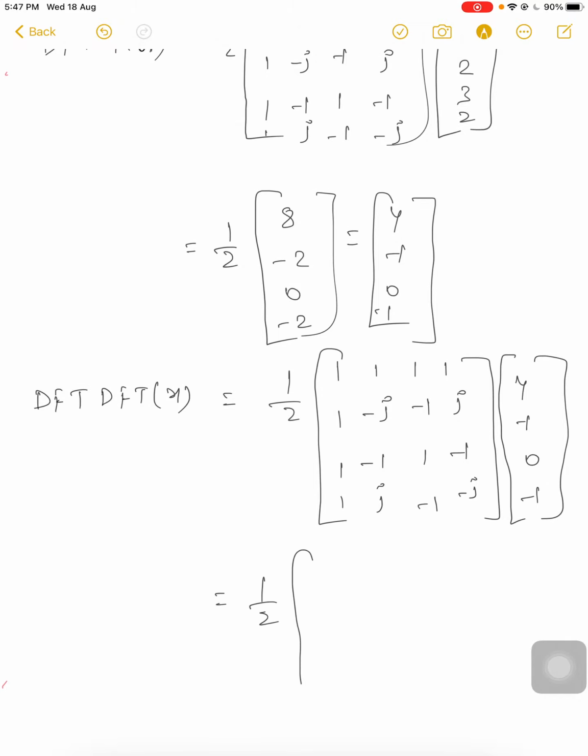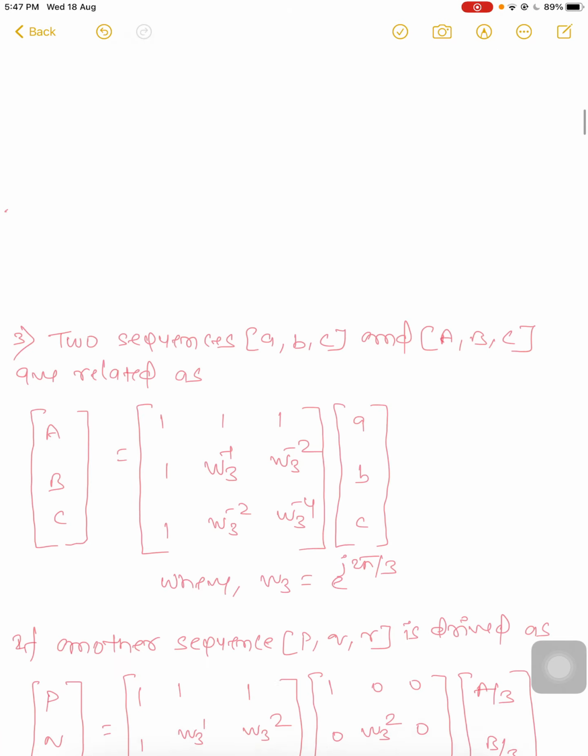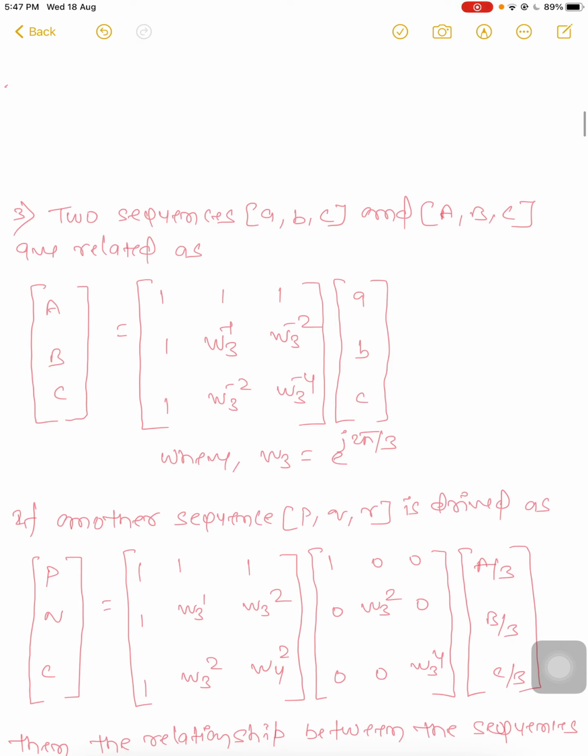Then you will get 1/2 times 2 4 6 4, and you will get 1 2 3 2, which is nothing but x of n. So option B will be the right answer. You can check it for all options.